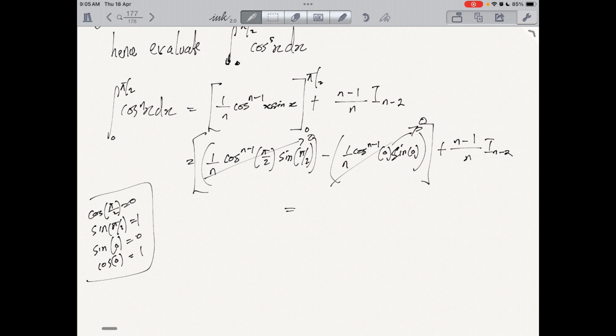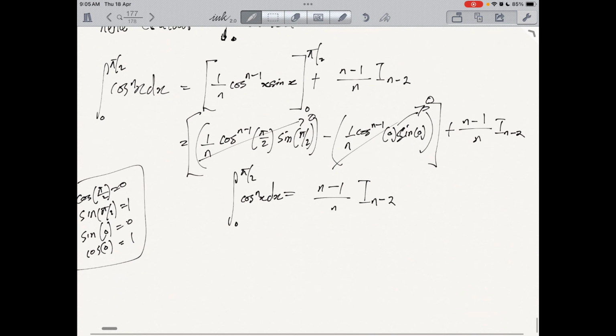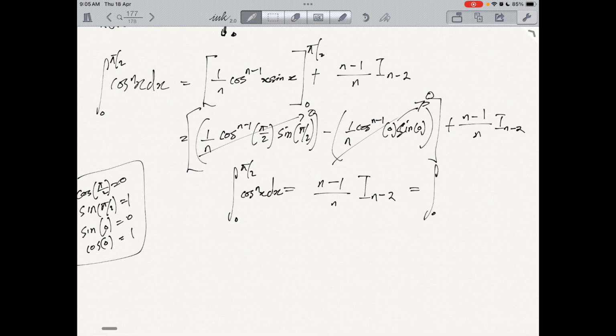So we'll be left with (n minus 1) over n I_(n-2), which is the integral of 0 to pi over 2 of cos^n x dx. Now note that this same reduction formula is the same for the integral of 0 to pi over 2 of sine^n x dx.